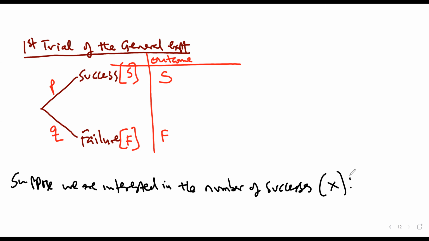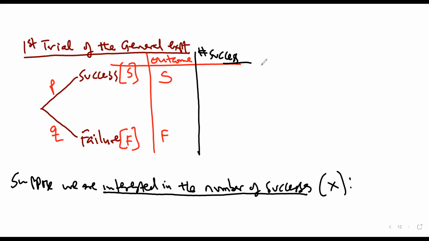Suppose now, instead of focusing on whether the outcome is a success or failure, we are interested in the number of successes in a given number of trials. So let's include another column here where we shall put the number of successes. Here we just need to count the number of S's in the outcome.